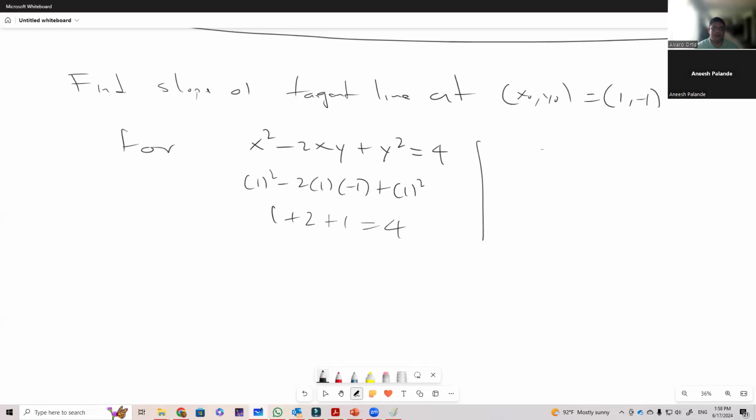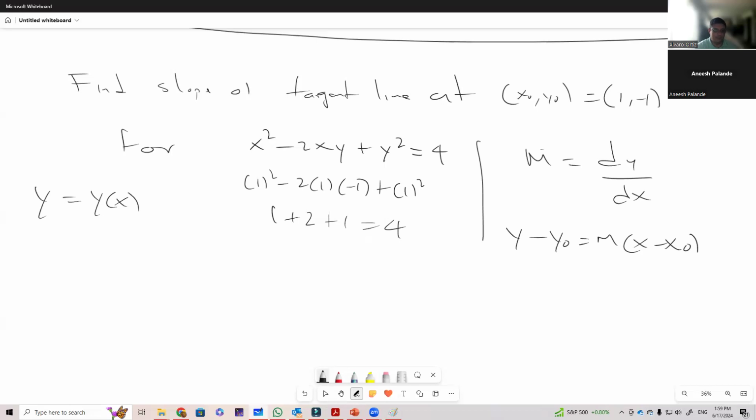Now, the next part is, I want to find the slope, which is dy/dx, right? And the equation of the line is y minus y0 equals m times x minus x0. To do that, we take the derivative here. But there's a chain rule, because y is a function of x.